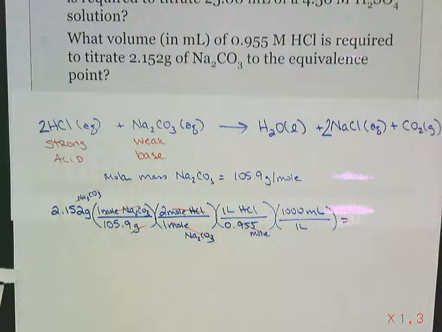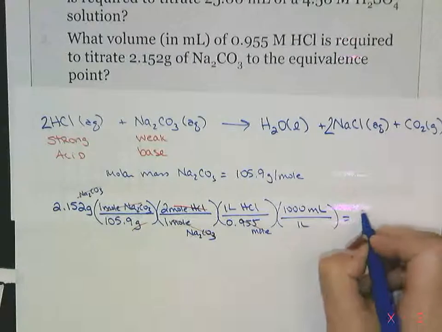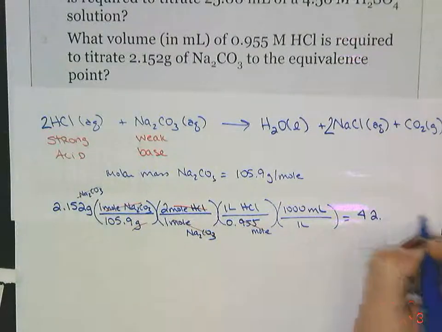How many significant figures do I get to keep? Not 4. 3, right? This only has 3. That has 4, that has 4, but this only has 3. So 42.6.